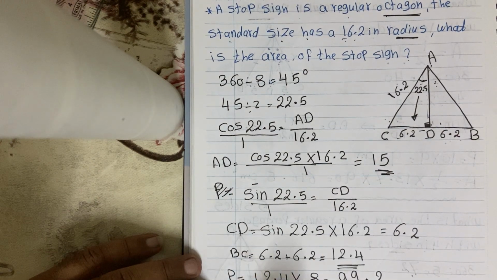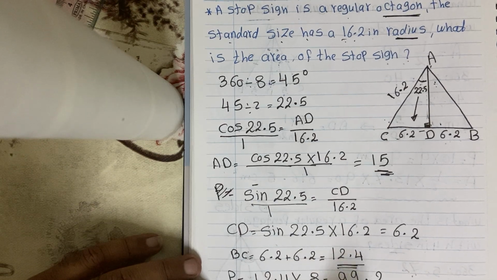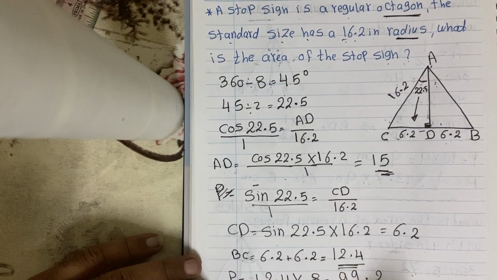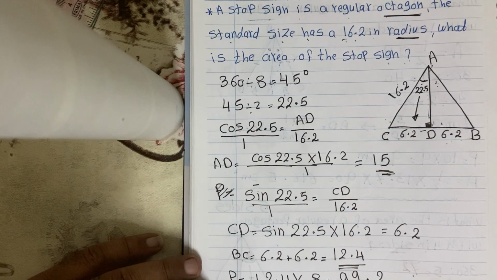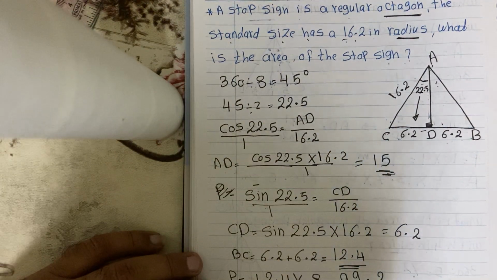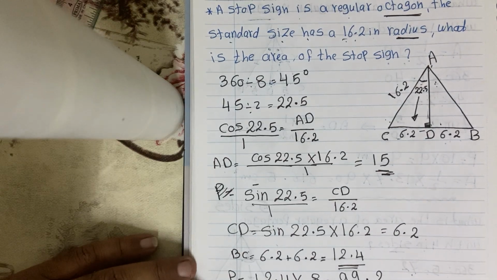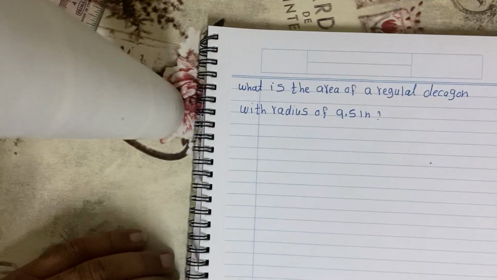So the area equals half times the apothem, which is 15, times the perimeter, which is 99.2. Half times 15 times 99.2 is 744.